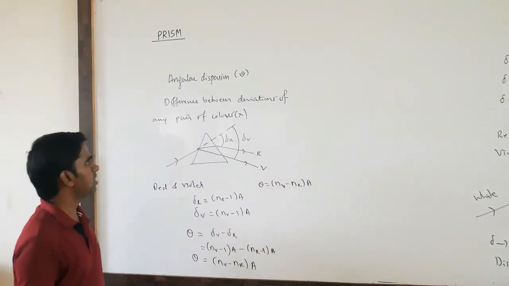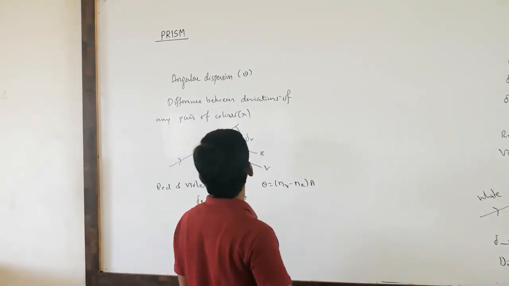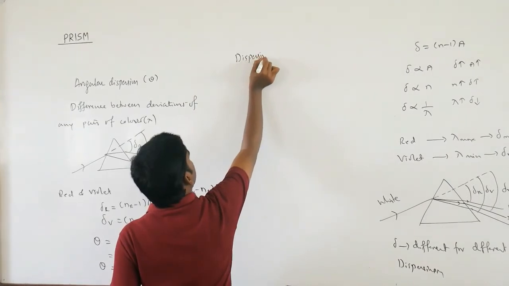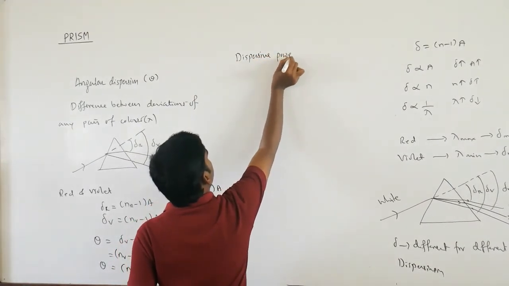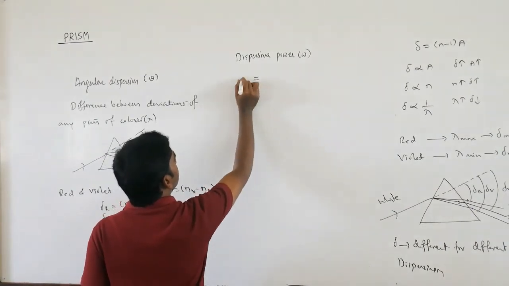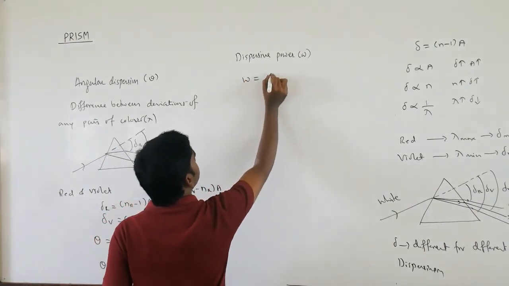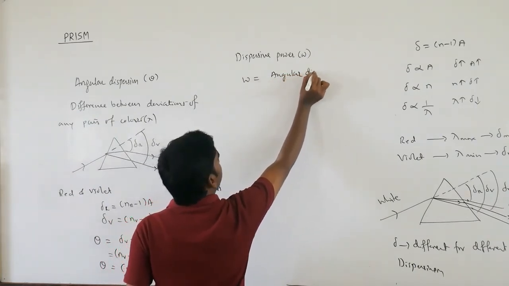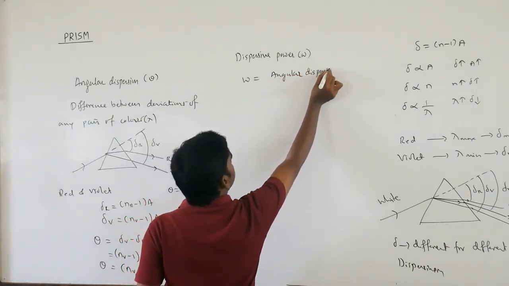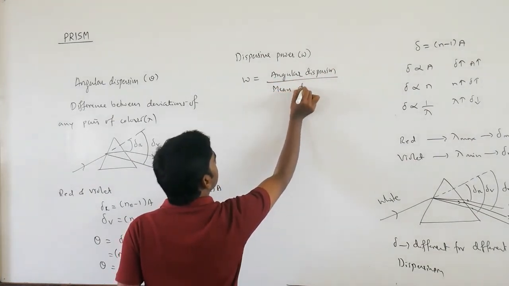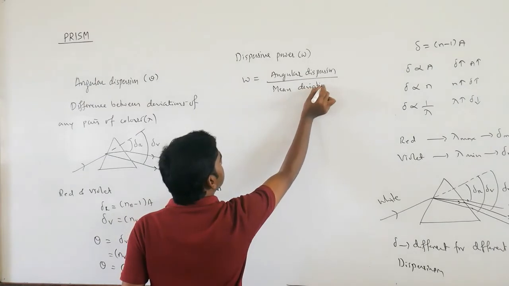Similarly, there is one more term called dispersive power, denoted by omega. Dispersive power omega is defined as the ratio of the angular dispersion to the mean deviation.